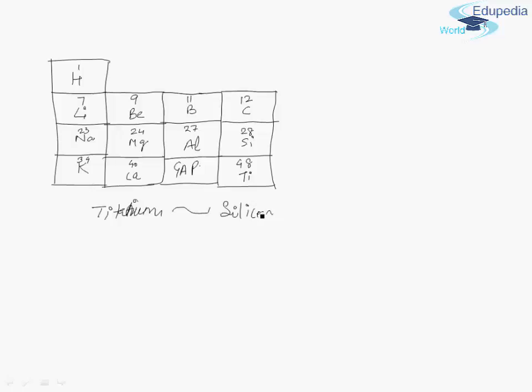So on the basis of similar properties, he placed the titanium under silicon, and this left a gap below aluminium here, right? From this gap, he predicted the existence of an element which he said would be discovered later on. He even predicted the properties of that undiscovered element by studying the properties of the neighborhood.